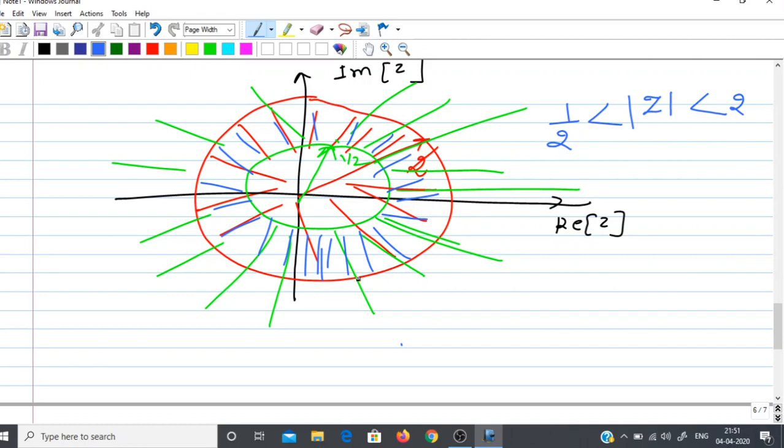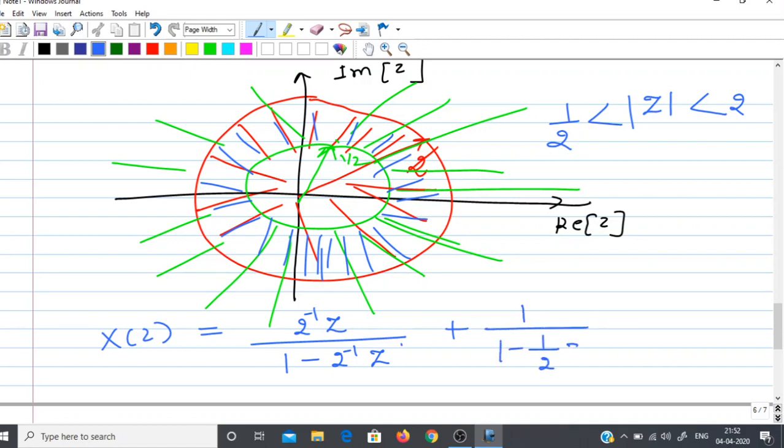So what we get? What is the expression of Z transform? It is 2 inverse Z upon 1 minus 2 inverse Z plus 1 upon 1 minus half Z inverse. And the ROC is mod Z greater than half and less than 2.